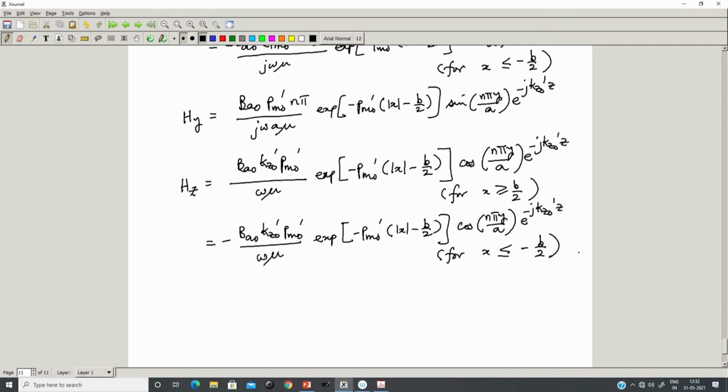So, as before, equating the tangential electric fields at the dielectric interface, we will obtain the relationship between the coefficients in the dielectric and air regions.